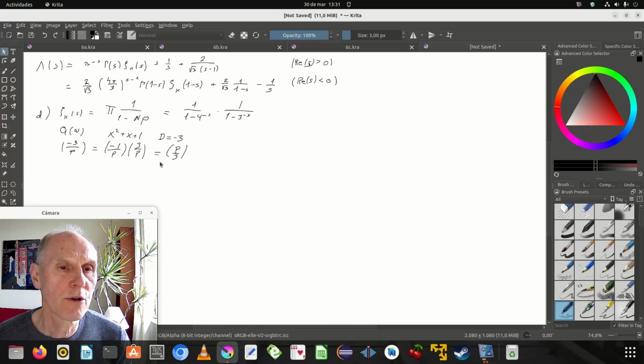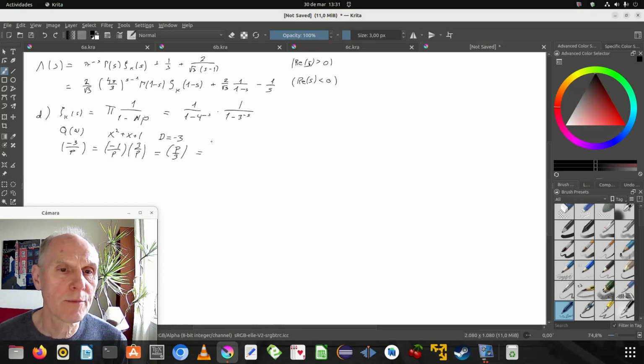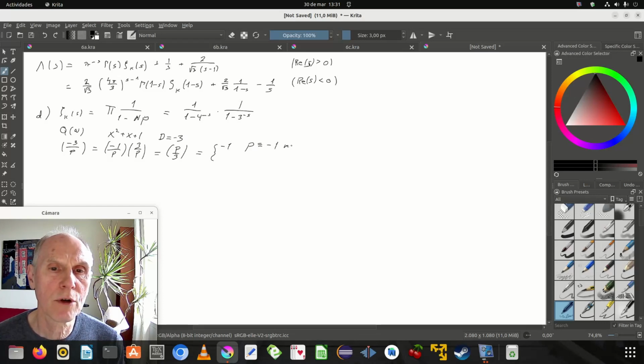So this holds. We've had that before. And that means that it's minus 1 if p is equivalent to minus 1 modulo 3, plus 1 if p is equivalent to 1 modulo 3.